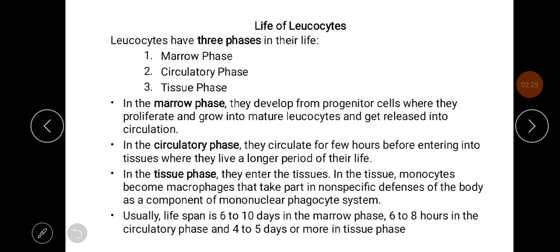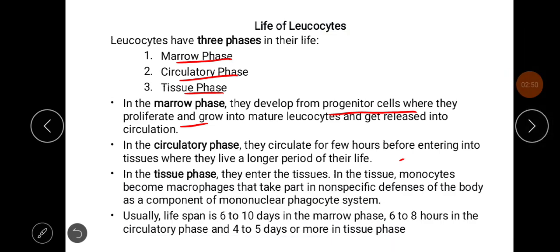The leukocytes have three phases: marrow phase, circulatory phase, and tissue phase. In the marrow phase, they develop from progenitor cells where they proliferate and grow into mature leukocytes and get released into circulation. In the circulatory phase, they circulate for a few hours before entering into tissues where they live the longer period of their life.